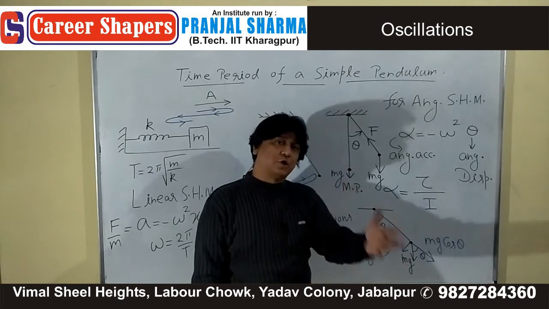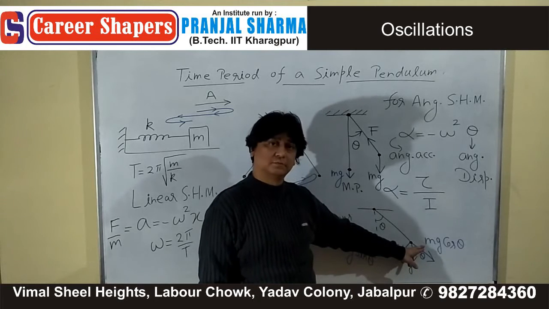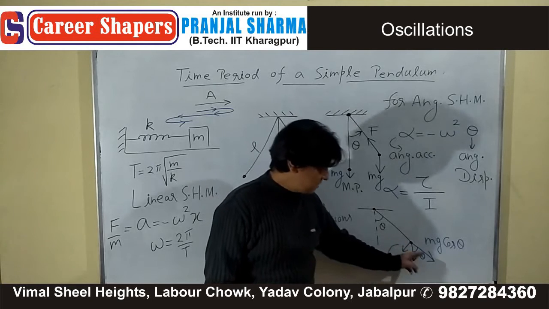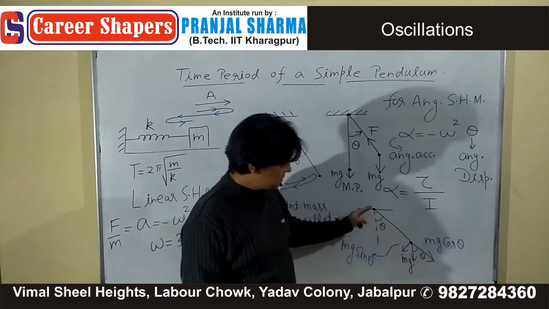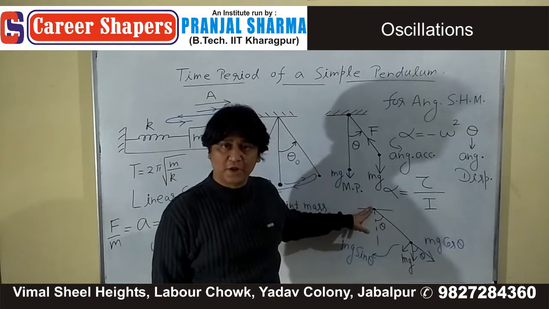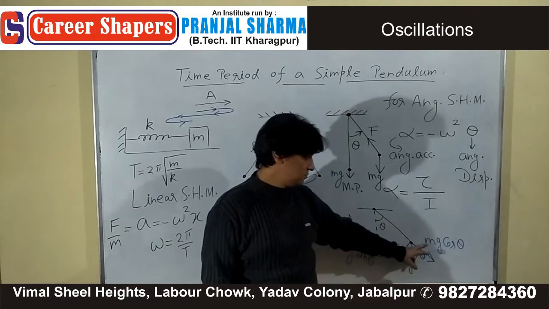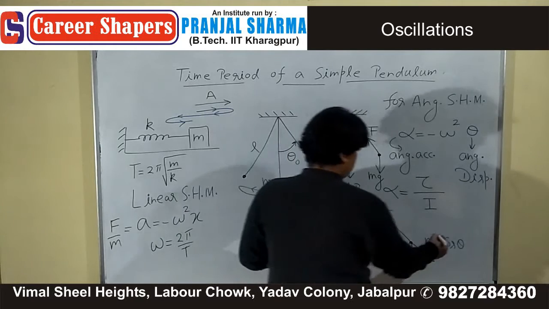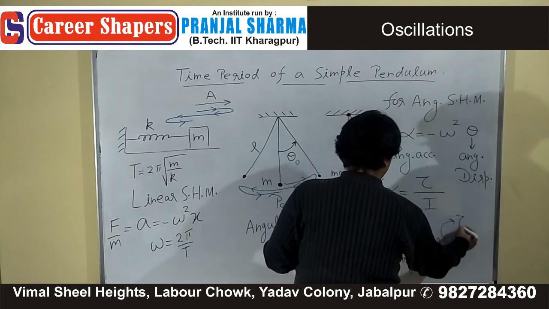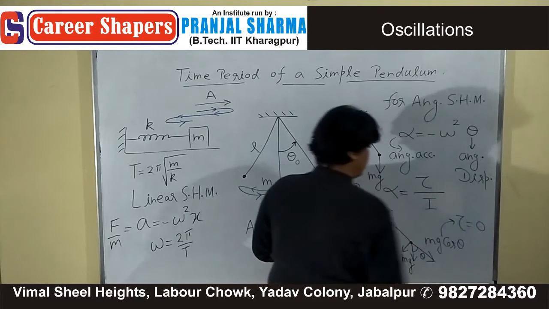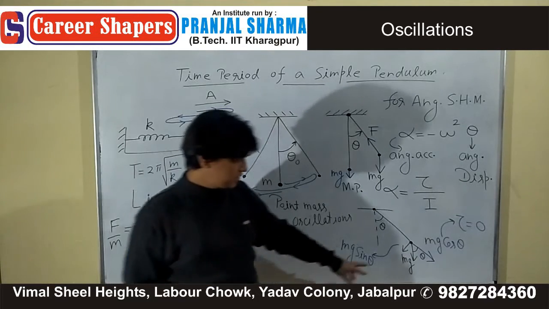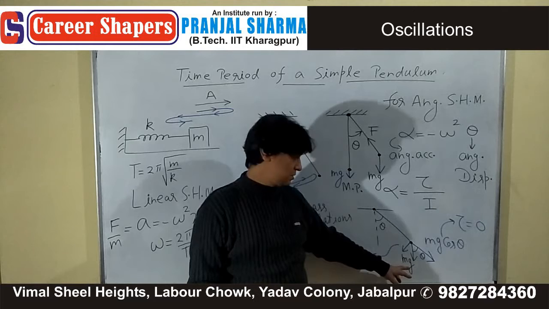If I ask you what the torque of mg cos theta is, you should say 0. Why? Because this mg cos theta passes through the axis of rotation, and therefore it does not produce any torque. And what is the force responsible for the torque?